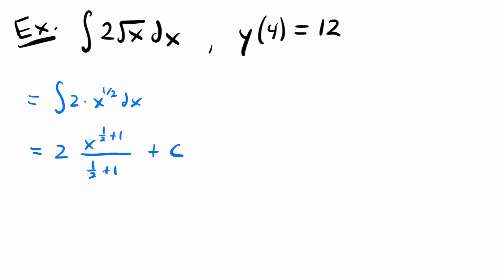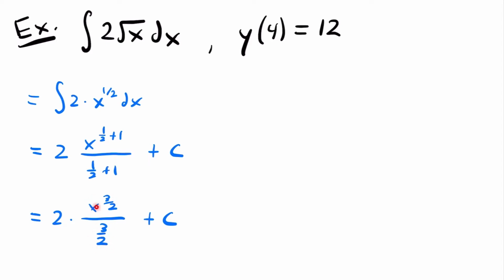So if we simplify this, we'll have that this is equal to 2 times x to the 3/2 power, right? 1 plus 1/2 is equal to 3/2, and that will be divided by 3/2. And then we still have plus c. And so then remember, when you divide by a fraction, that would be the same as multiplying by the reciprocal of that fraction.